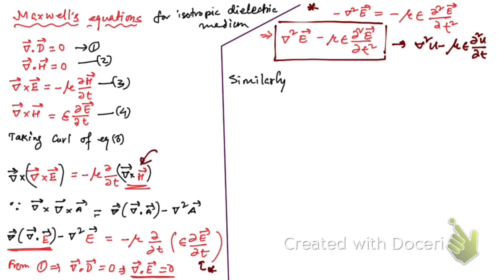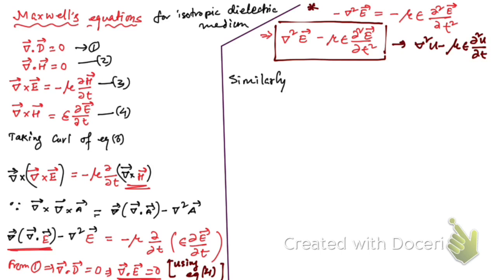Let me mention here that we have used equation number 4, so I haven't mentioned it, but it should be mentioned here. Okay, just let me find some space here. Okay, so using equation number 4, do mention this.